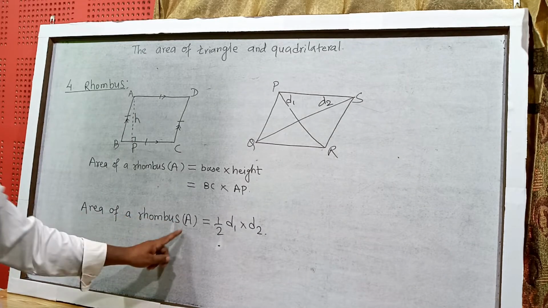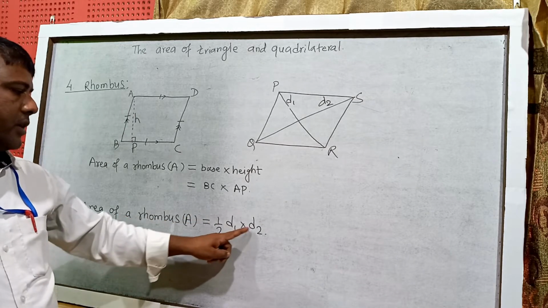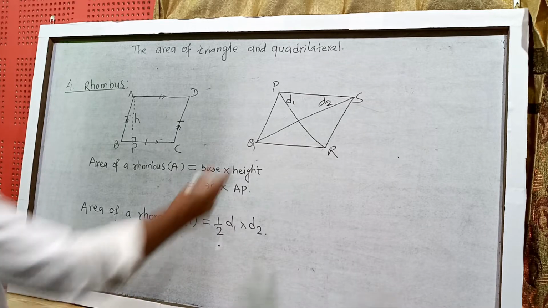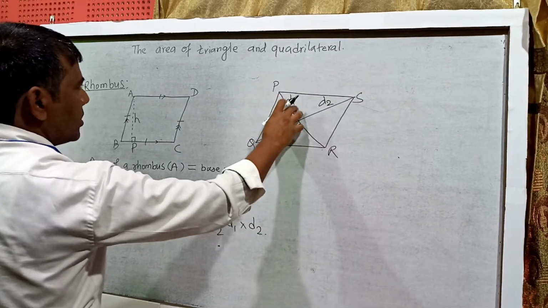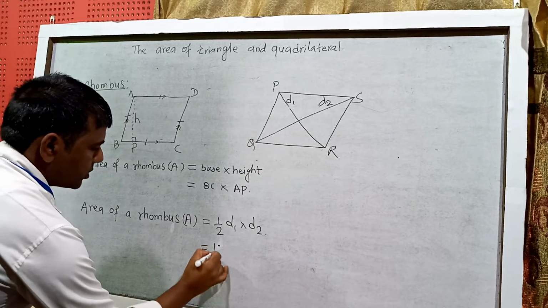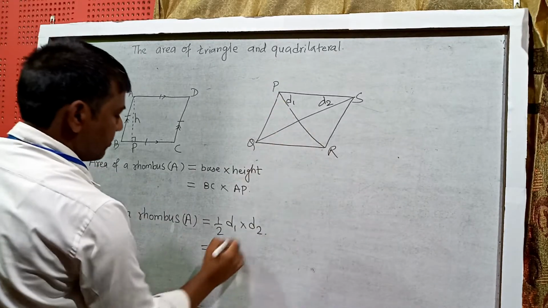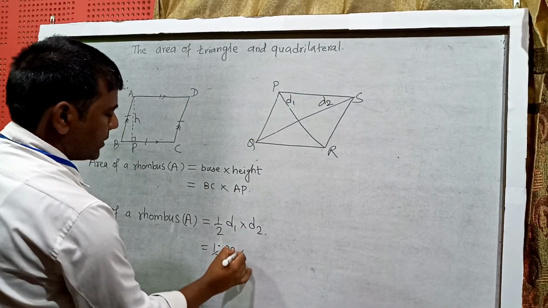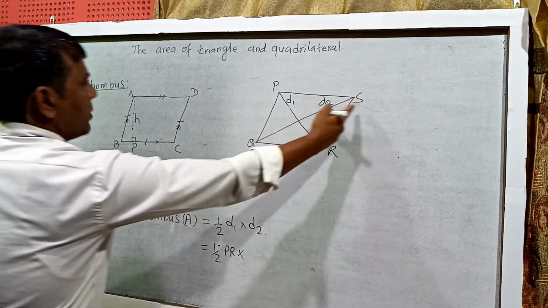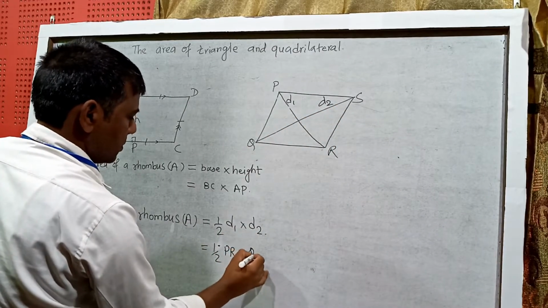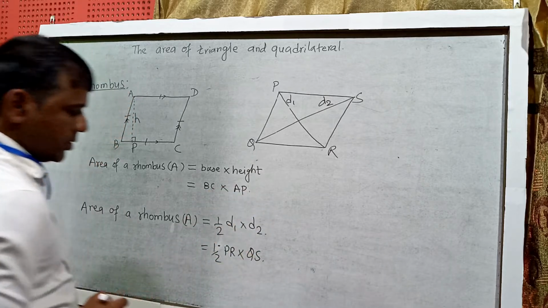Area of a rhombus A equals 1 by 2 D1 into D2. In this rhombus, its area equals 1 by 2, the first diagonal PR into the second diagonal QS.